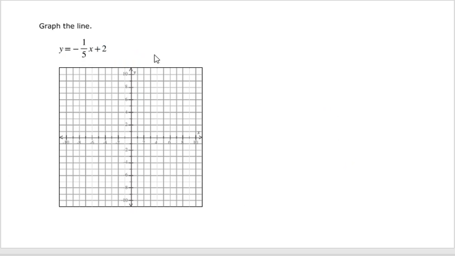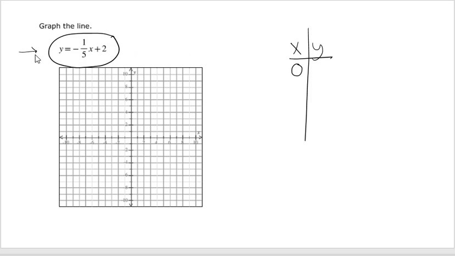On these ones, when it says graph the line, there are actually 2 different ways that I showed you to do this. One way is to set up a table of values, find some ordered pairs that are on this line, and then graph the line. Okay, so if you're going to do that, let's say we let the x be 0 in this equation right here.